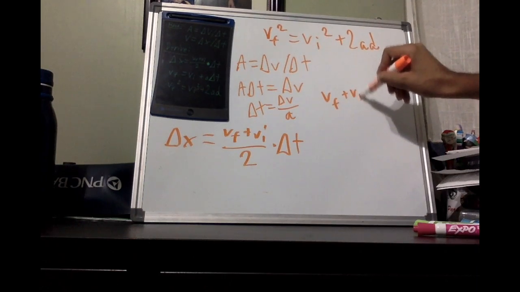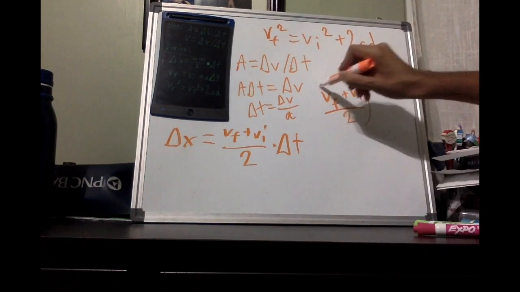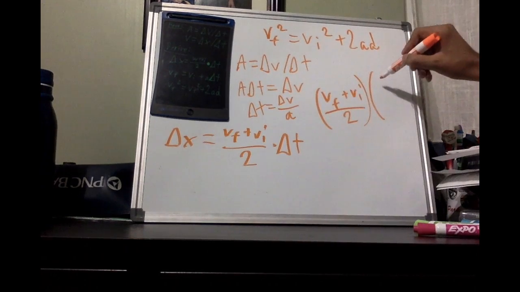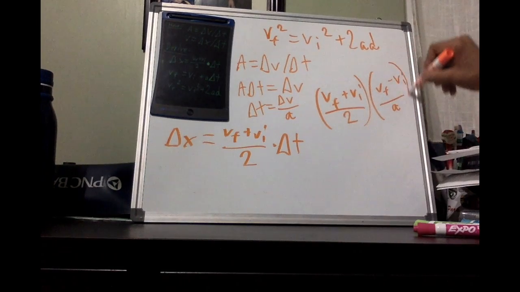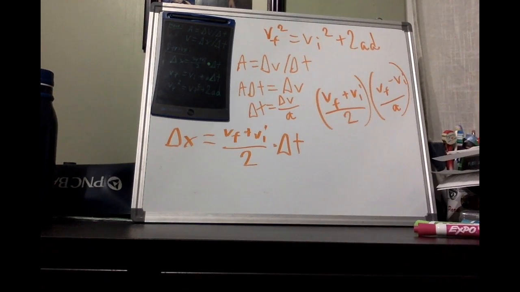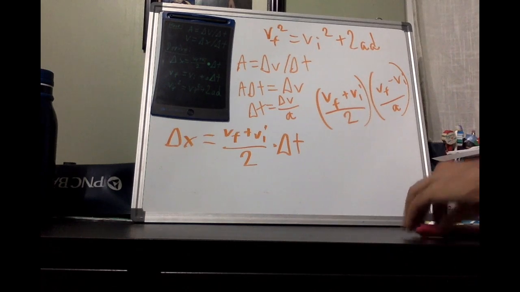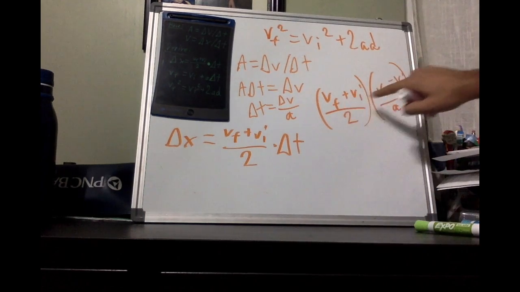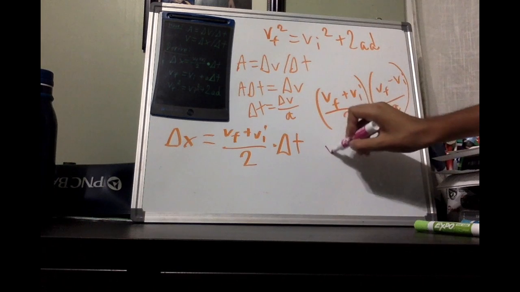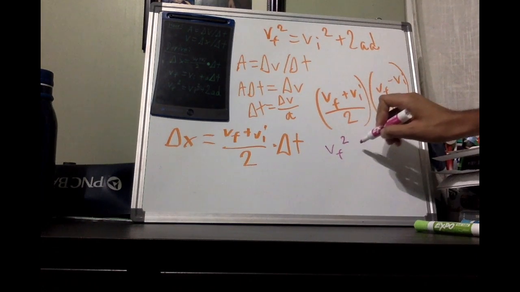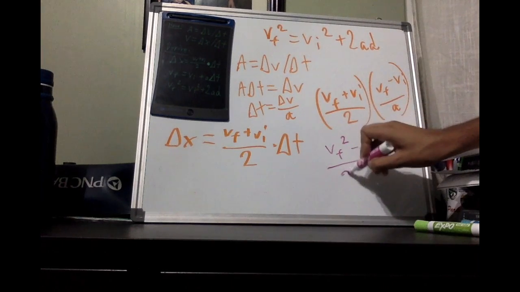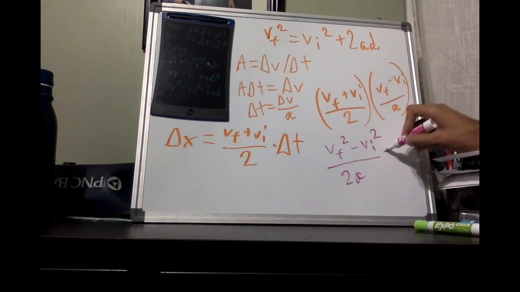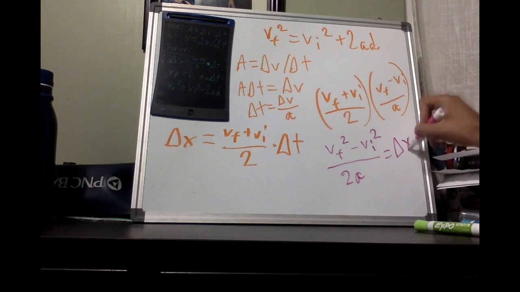Vf plus Vi over 2 times Vf minus Vi over A. Vf minus Vi is change in velocity, final minus initial. So then we see that this is a difference of squares. So we really have Vf squared minus Vi squared over 2A, which equals change in displacement.